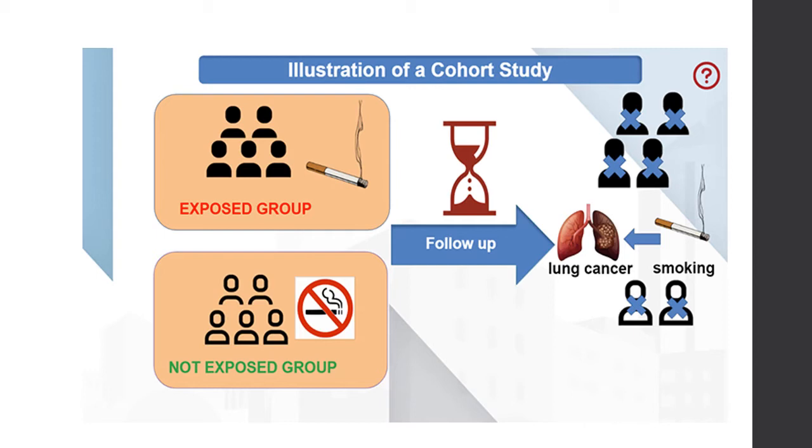And you can see, for example, here that about 4 individuals have developed it among those who were smokers compared to a smaller number. And that's what you expect, of course, if your hypothesis is true and there is an association between smoking and lung cancer, for example. All right.